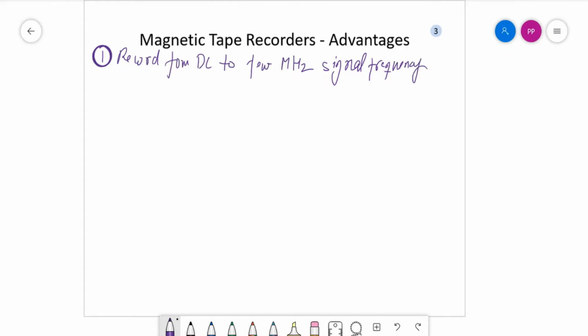Then the second advantage is that the magnitude level of the signal that can be recorded through this is very high, up to 50 decibels level. So 50 decibel magnitude or gain level can be recorded.